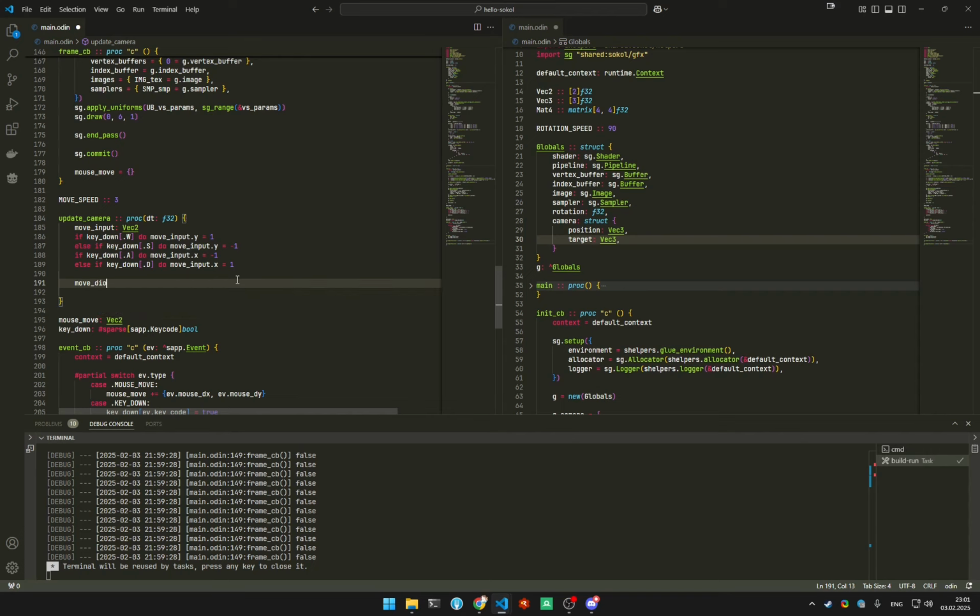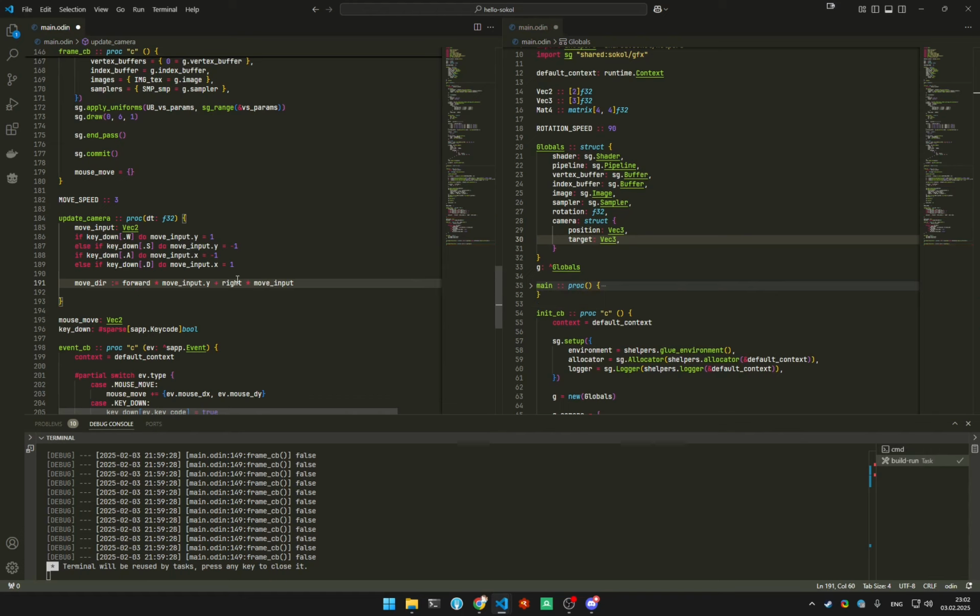So move dir should be a combination of forward multiplied by move input y, so it's either 0 or forward or backwards, so minus forward, plus right multiplied by move input x, right? So this would be our movement direction vector, and we need to define forward.